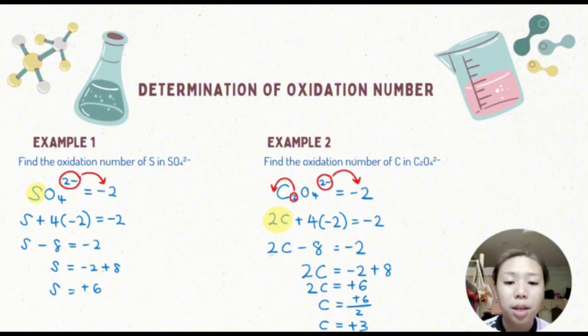So 2C equals -2 plus 8, which is +6. We divide by the two carbons, so +6 divided by 2 equals +3. Therefore, the oxidation number of C is +3.